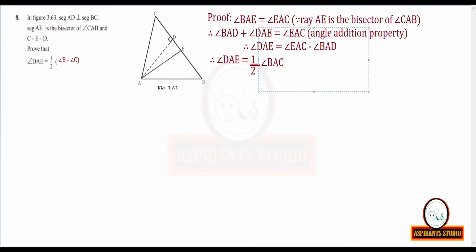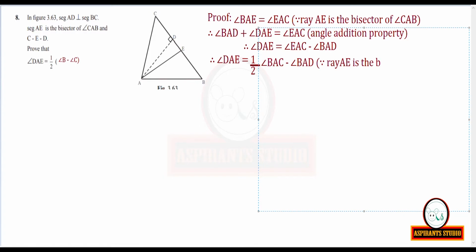Now BAC can be split up by the angle addition property. How to split up angle BAC? Look at the figure.